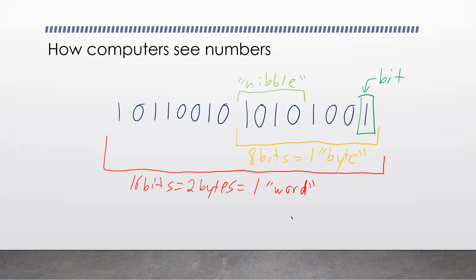Somewhere in the 1990s or so, words became 32 bits, equals 4 bytes. And over the last decade or so, we've evolved into computers that had 64 bits.